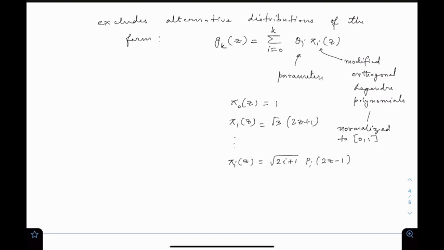So in this case, pi of x is the Legendre polynomial in the usual form.